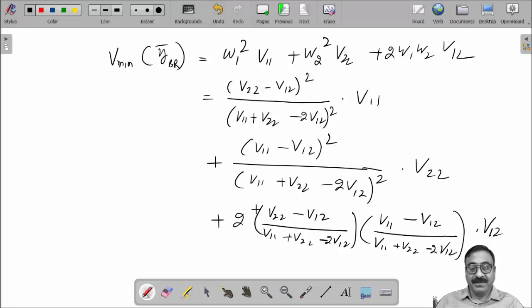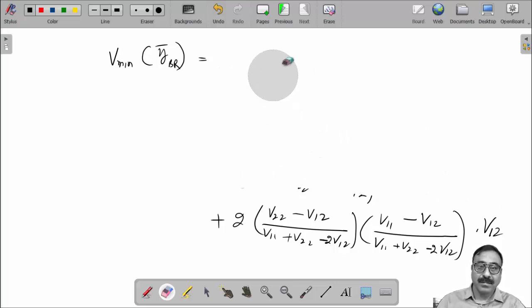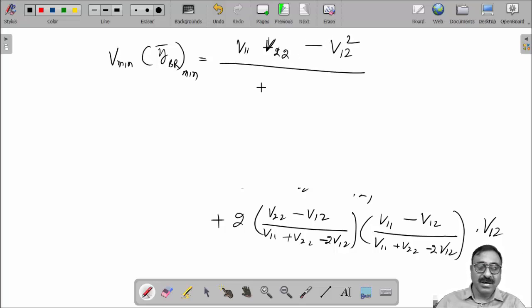Now we can simplify this, and simplifying we get the minimum variance equal to V11 V22 minus V12 square divided by V11 plus V22 minus 2V12.